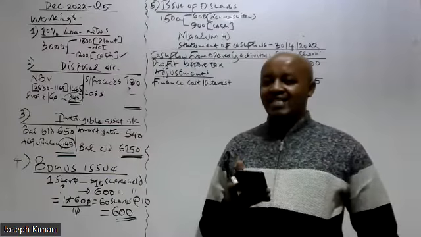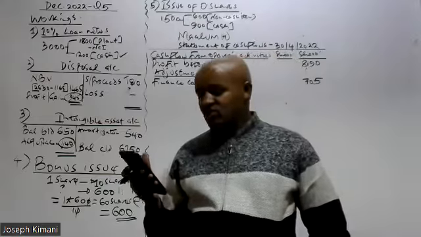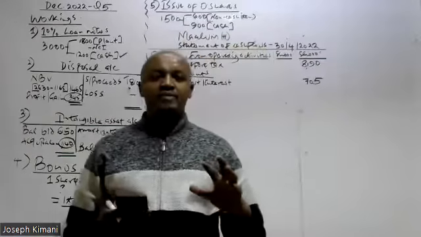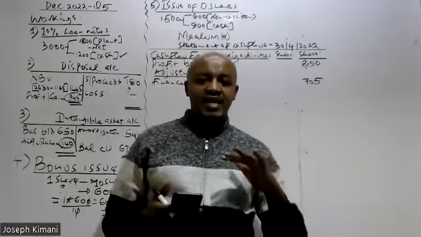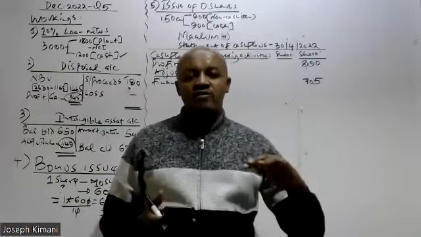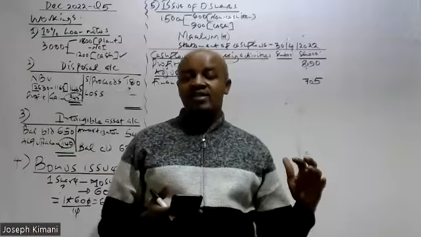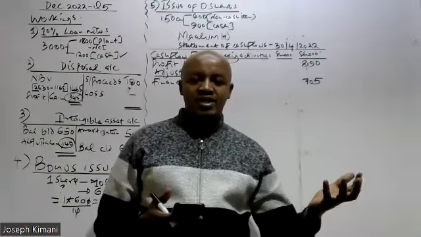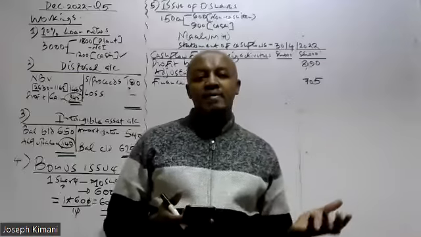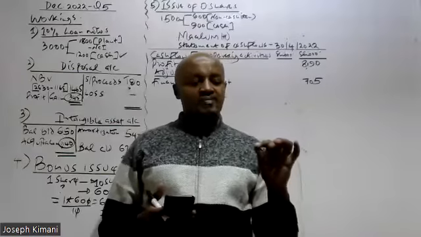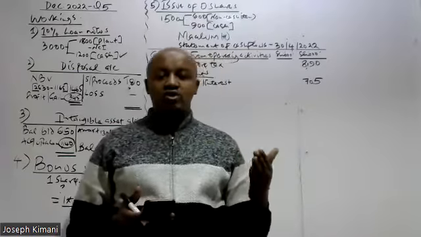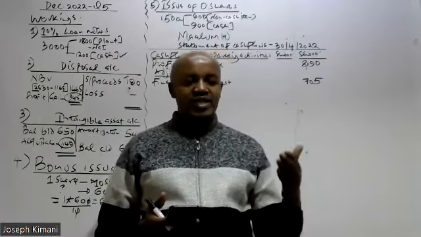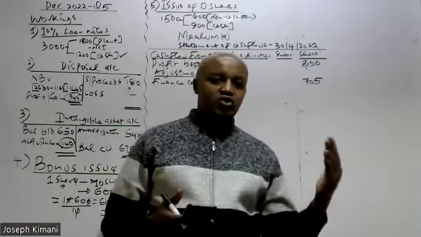But equally, below the gross profit, we have the government grant. Remember, I mentioned something to do with the government grant. We said government grants are essentially any form of financial assistance a company gets from the government, maybe to undertake a certain project which is meant to benefit the public. Once the company receives a government grant, the company may be undertaking a project which will take maybe the next 2 or 3 years.